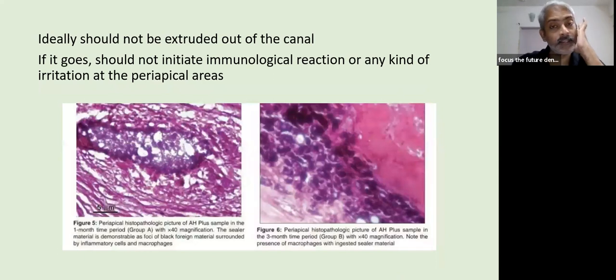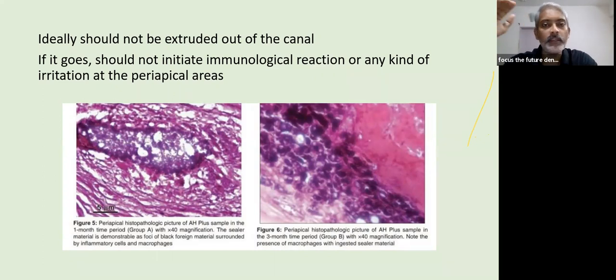The second thing is that, under ideal conditions, root canal sealers are not supposed to be extruded out of the root canal system. Intentionally, you are not supposed to take your root canal sealers out of your canal. But even if it goes, you don't have to worry.